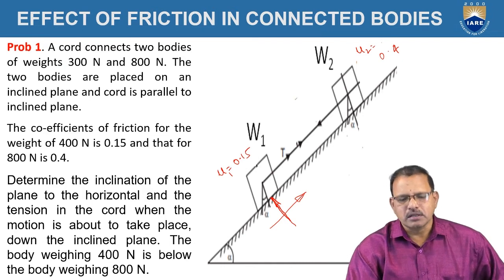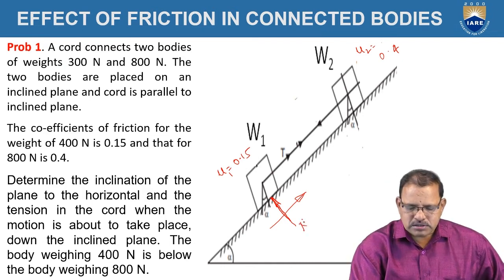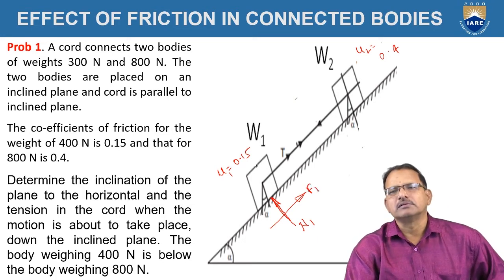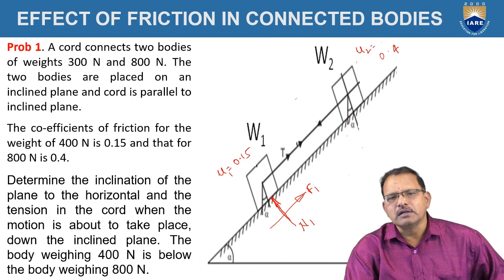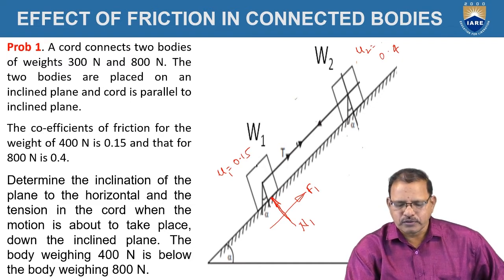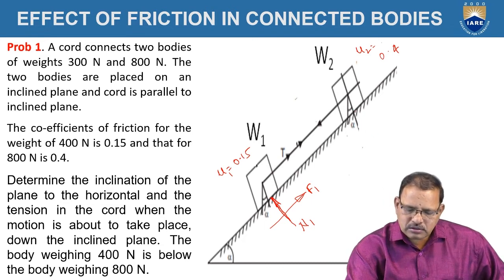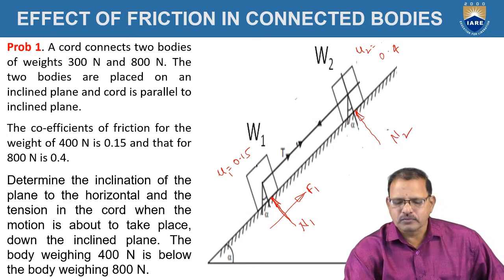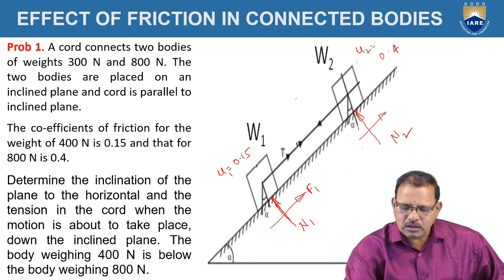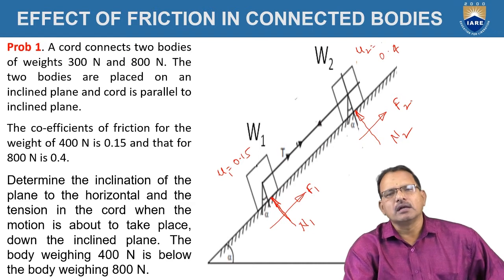Since it is body number 1, I take the normal reaction as N1 and the friction force as F1. Similarly, the second body is also moving downward. The normal reaction is perpendicular to the plane, assume it is N2, and the friction force F2 acts in the opposite direction.